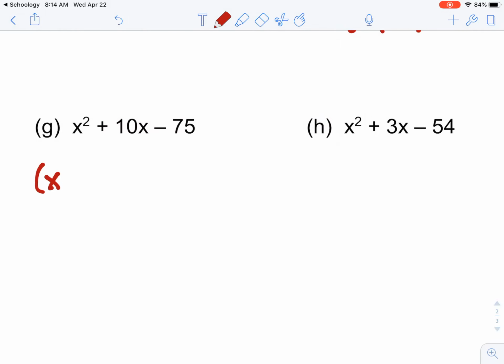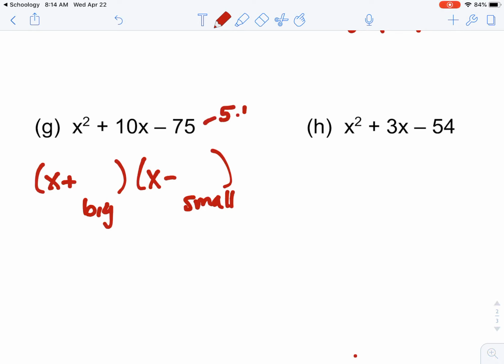All right, so we're going to have x plus the big times x minus the small number. We're looking for factors of 75 that subtract to equal 10. So we have 5 and 15.